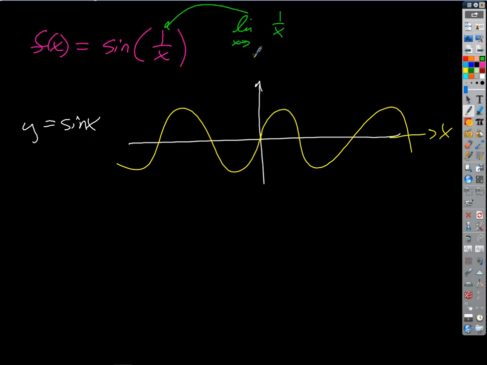This is new notation we won't talk about for a while, but just see if this makes sense. What's 1 over a really big number going to start to look like? 0, isn't it? In fact, it would be that way if I approached negative infinity also, right?